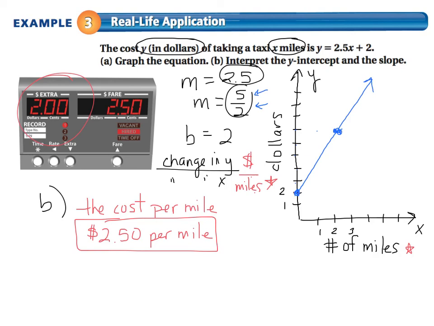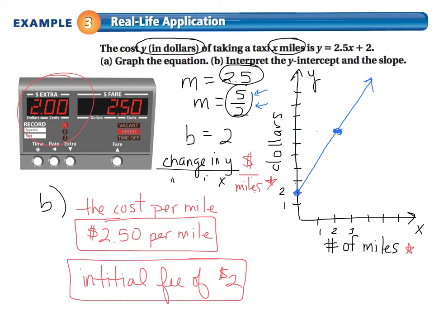I automatically am starting at 2. It's the starting price. So it's an initial fee. So the y-intercept means an initial fee of $2. And that's what we're talking about. An initial fee of $2, and for every $5 increase, you can go 2 extra miles. $5 increase, 2 extra miles, otherwise known as $2.50 per mile.